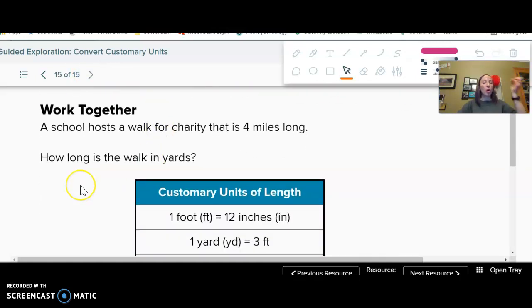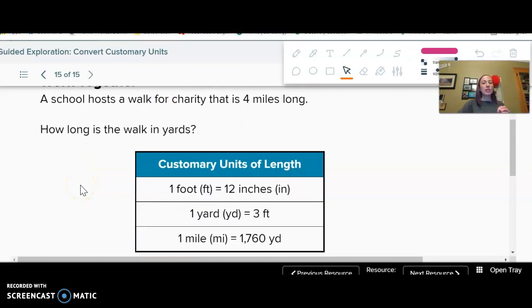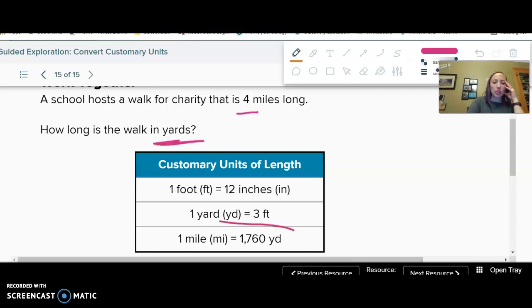So 4 miles. How long is that in yards? I want you to give it a try and see if you can figure it out. All right, did you get it? Again, this one sometimes you have to stop and think for a second. We know we're doing miles to yards, so we need to think, okay, this is the information I need. 1 mile is 1,760 yards.